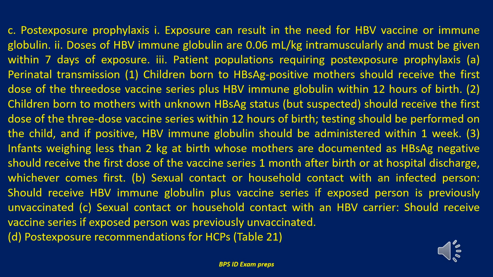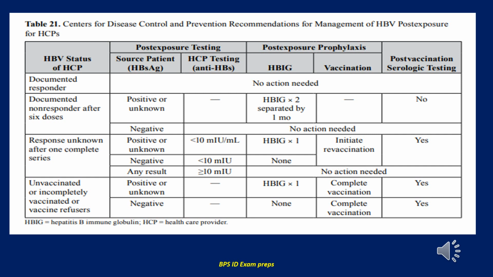D. Post-exposure recommendations for HCPs are summarized in Table 21. Pause the video and carefully scrutinize Table 21 summarizing the Centers for Disease Control and Prevention recommendations for management of HBV post-exposure for HCPs.